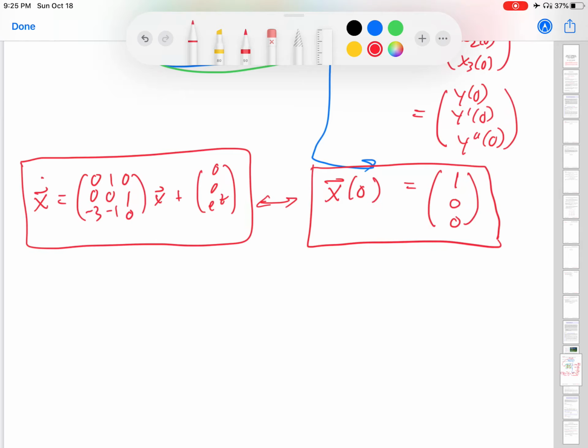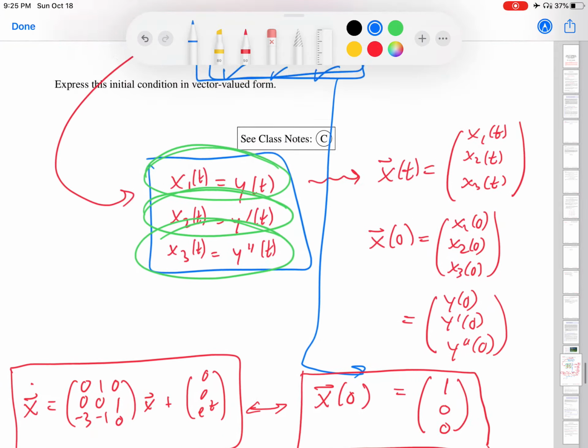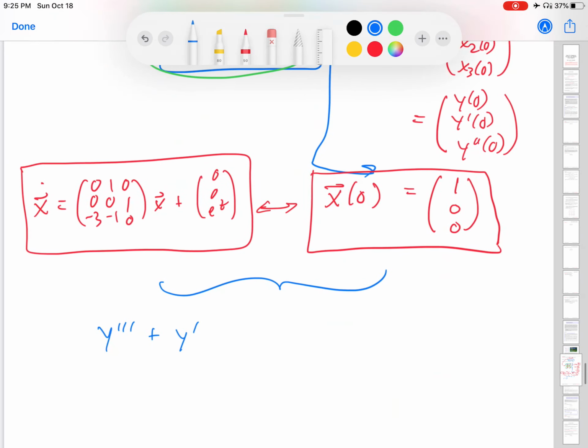All of this corresponds exactly to where we started, y triple prime plus y prime plus 3y equals e to the t, and then the initial values y of 0 is 1 and y prime of 0 equals y double prime of 0 equals 0.